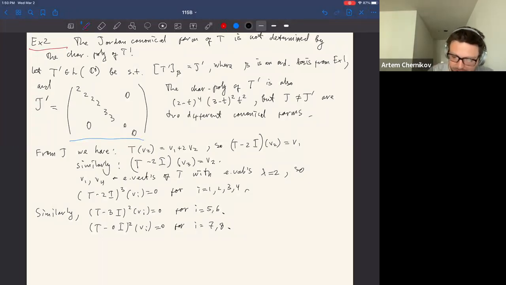Let me finish quickly by formulating the general principle that happens in a Jordan canonical form.